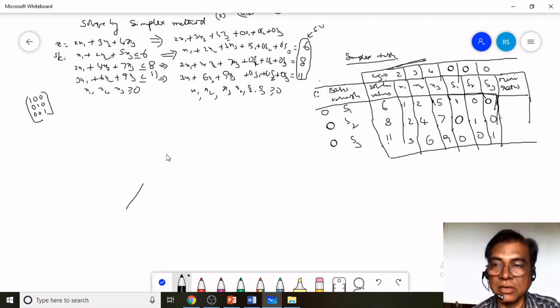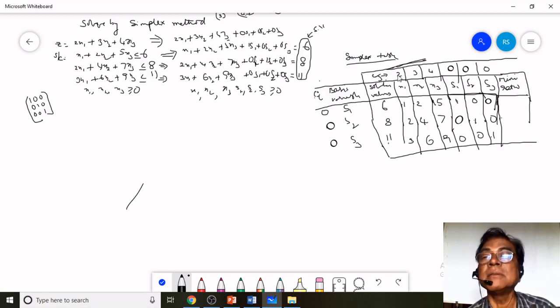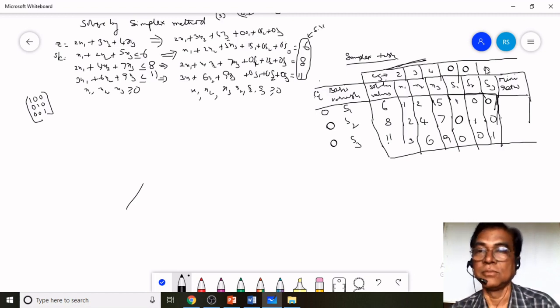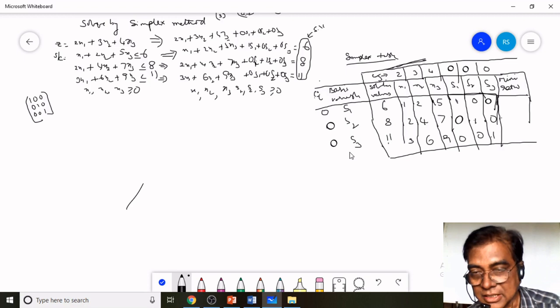So everything is over. And now, in the top, this is called CJ, the jth column. This is CI, CJ. The values of CJ are nothing but the objective function values. What are the objective values? 2, 3, 4. Come to this 2, 3, 4. After conversion the values are 0, 0, 0. So 0, 0, 0, over. Next, come to this point, the ZJ value.